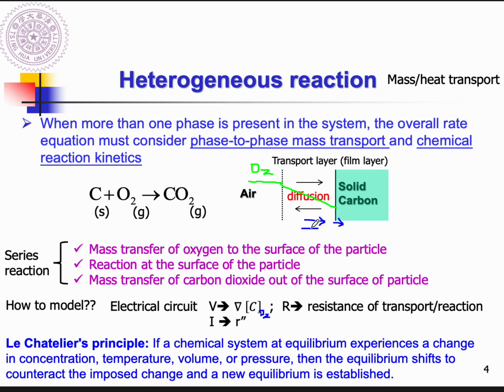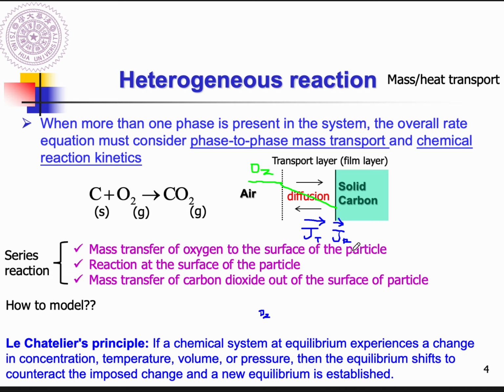So the flux for transport should be the same as the flux for reaction. We assume this has reached steady state, which means how much oxygen is transported through the film layer equals how much oxygen reacts with the solid carbon.